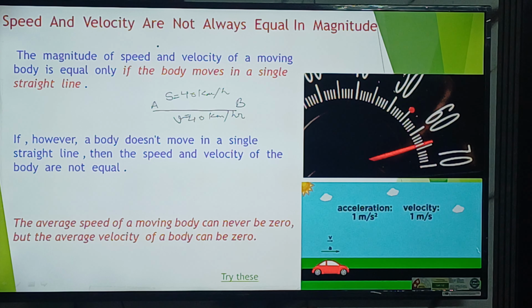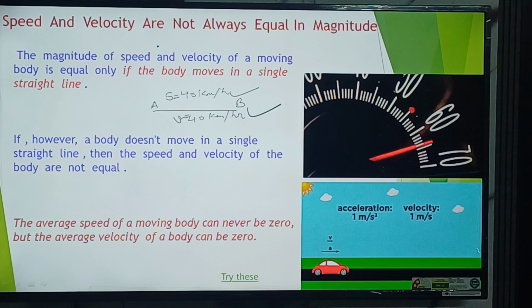So the magnitude of speed and velocity of a body is equal if the body moves in a single straight line A to B, because the direction for the straight line is the same for speed as well as for velocity. I hope this point is clear to you, children.